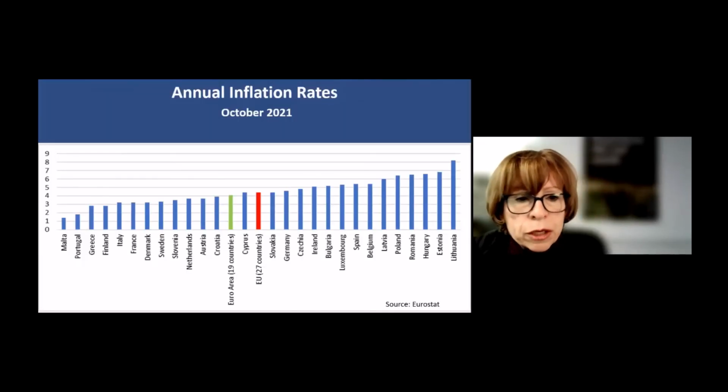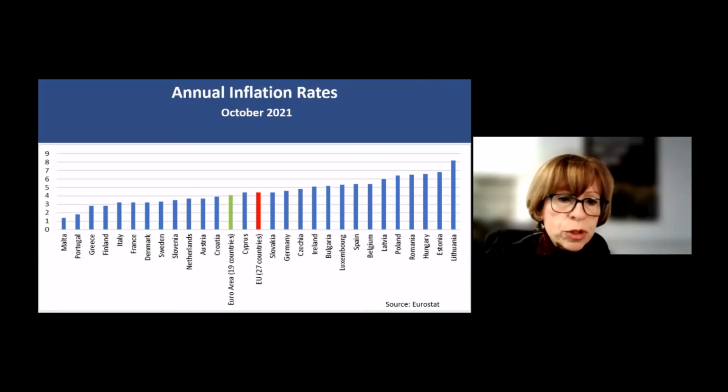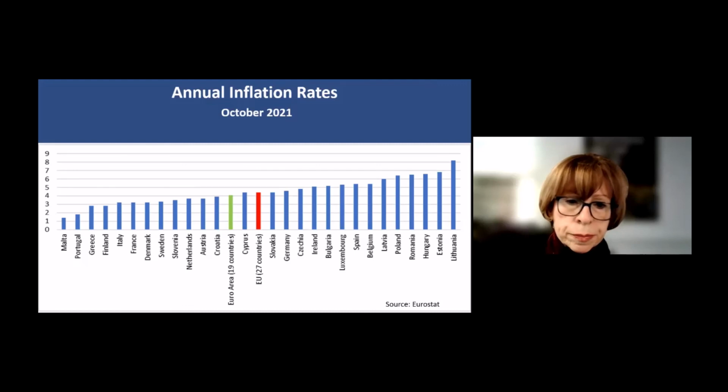All right, so here are the annual inflation rates, October of 2021. Again, there's a fairly large degree of variation in this cross-sectional analysis. Malta at the bottom and Lithuania with inflation above 8%.